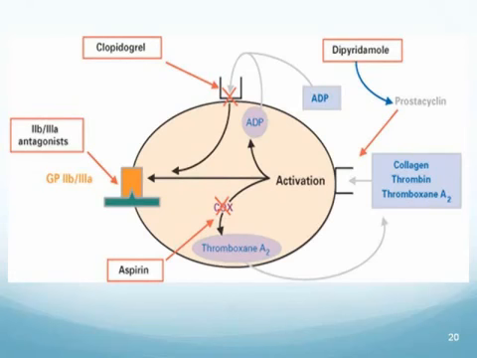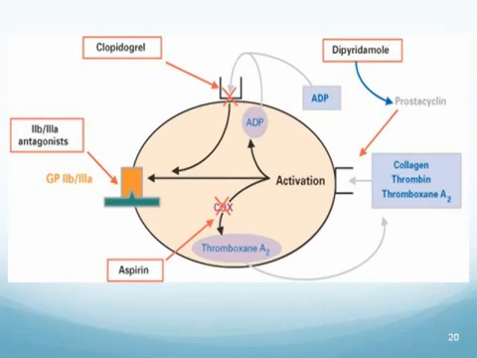And the glycoprotein 2B3A receptors are very important because they are able to link the platelets together by forming little bridges with circulating fibrinogen. So platelets, before they can start sticking together and forming a platelet plug, they have to be activated. So many of our drugs are really geared toward preventing platelet activation to begin with.